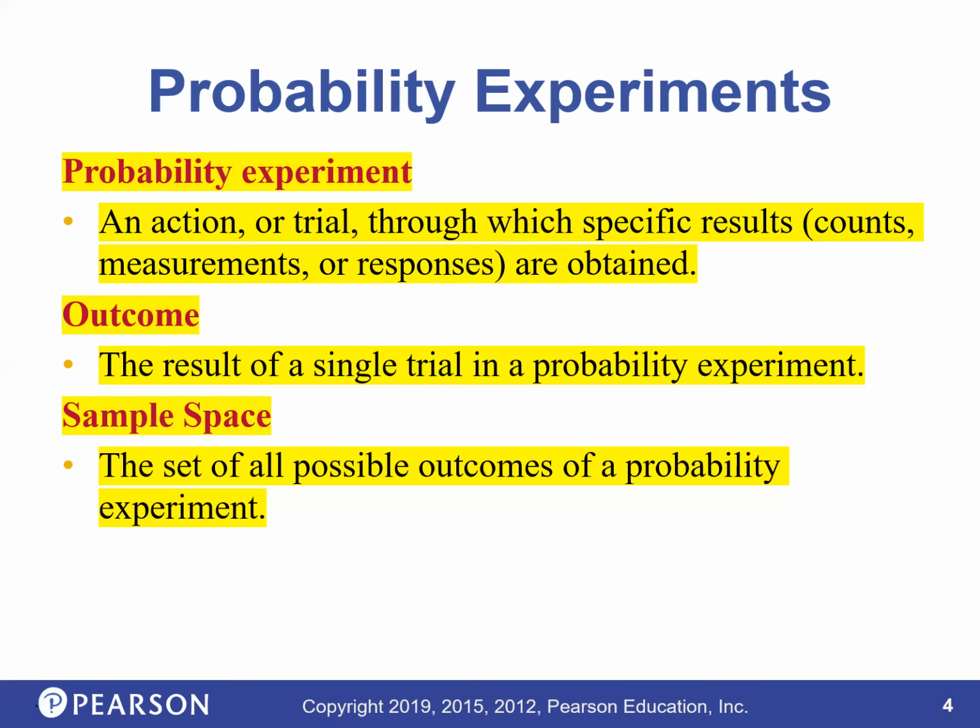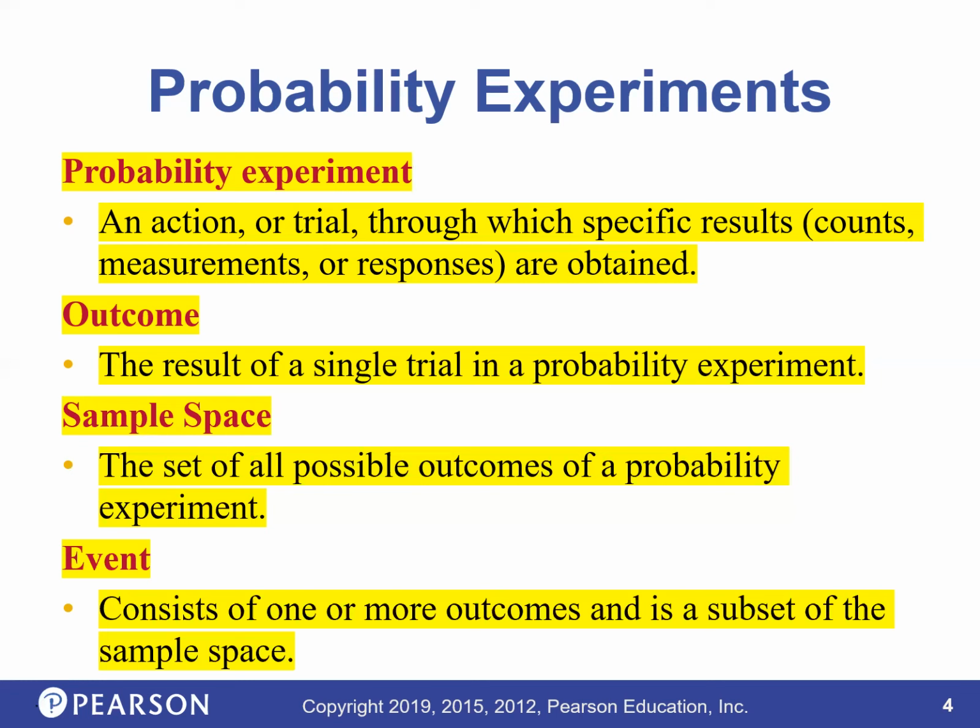One more thing here, something called an event. The event is what you want to happen. The outcome is the one single event. Sample space, all possibilities. And the event is the whole thing altogether. This is what I want to happen.